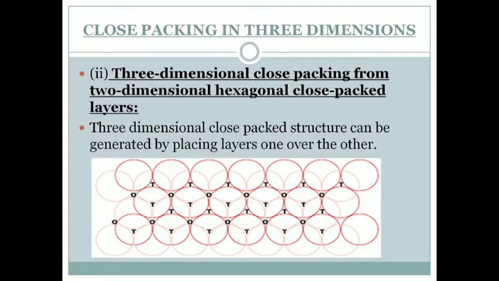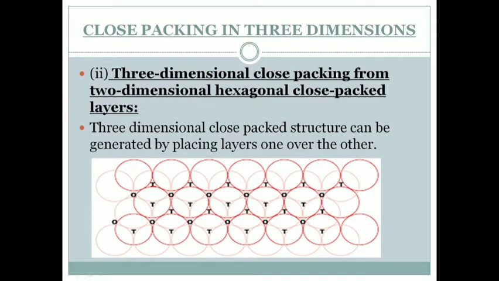Then the second way, the three-dimensional close packing from two-dimensional hexagonal close packed layers. A three-dimensional close packed structure can be generated by placing layers one over the other. Here you can see these are T, meaning tetrahedral voids, and these are O, meaning octahedral voids, which we will discuss in detail.